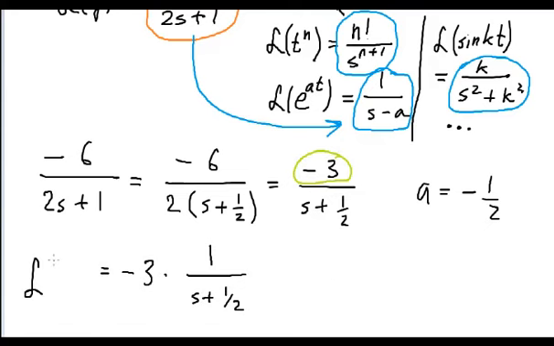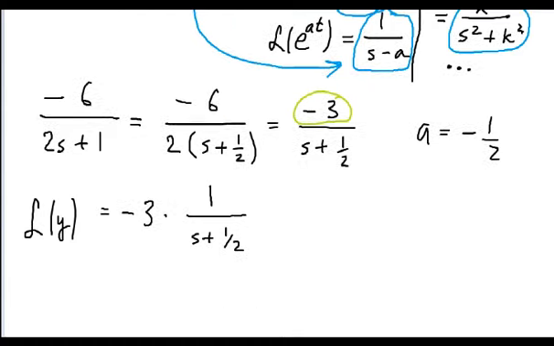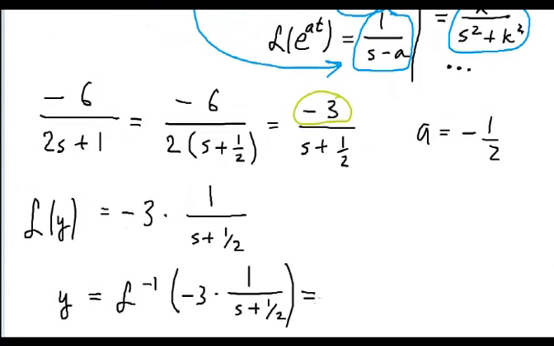So what we get is that L of y is equal to this. That would make y equals the inverse transform of minus 3 times 1 over s plus a half. And as I said, by linearity, we can take minus 3 out.